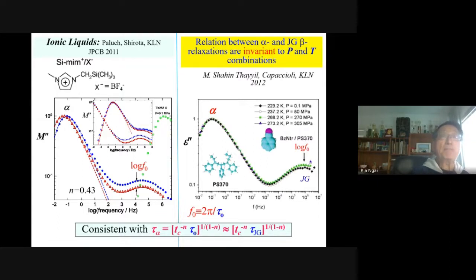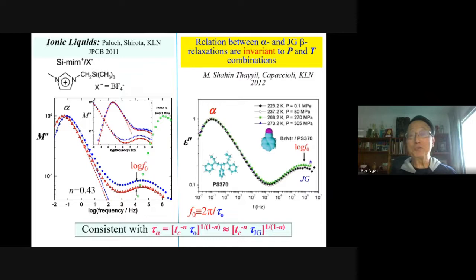You can see again, different pressure and temperature, very different by 3 orders of magnitude, and they overlap in the alpha and also the beta. Now this is the M double prime, the electric modulus, because of the ionic conductivity. So the alpha in this case is the main conductivity relaxation. And then the second relaxation is always there.